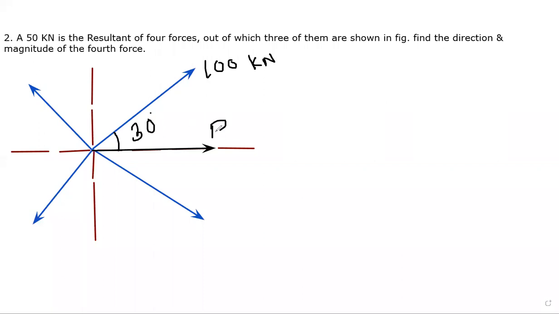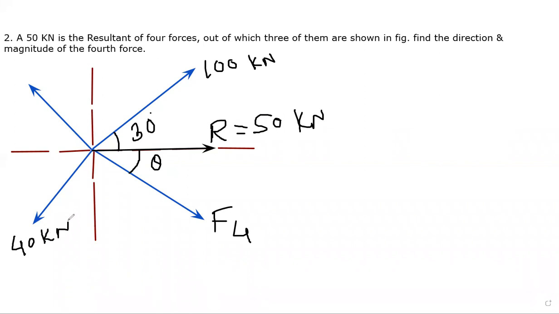This is the value of R, the resultant, given as 50 kilonewton. This is the fourth force F4, angle theta. Then 40 kilonewton at 45 degrees with respect to horizontal.